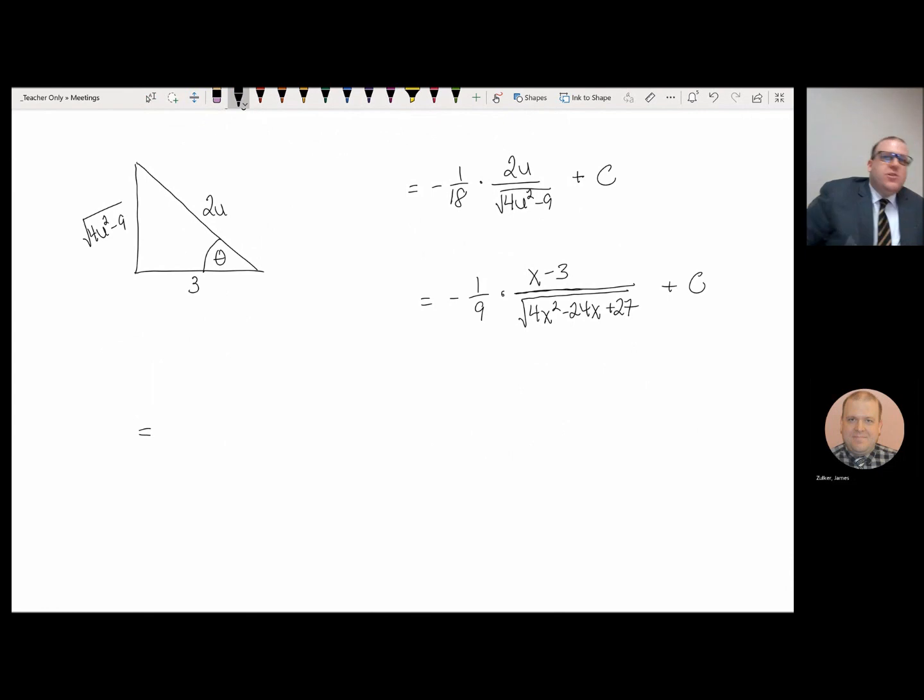Right, and then finally just writing it to be a single fraction. And let's get rid of that negative. And there is your antiderivative.